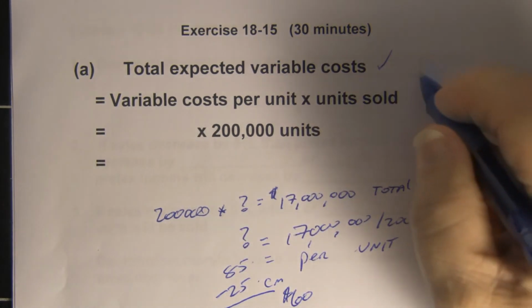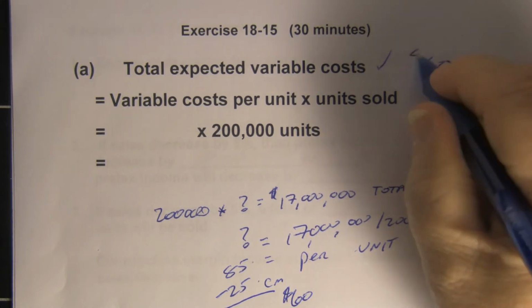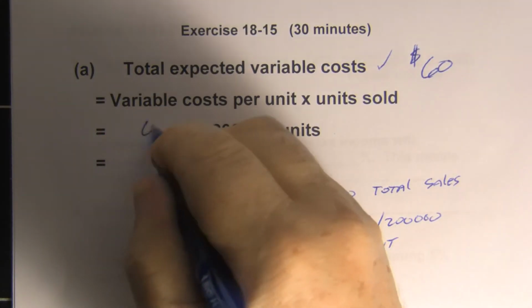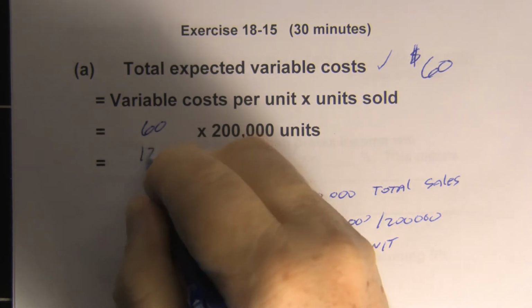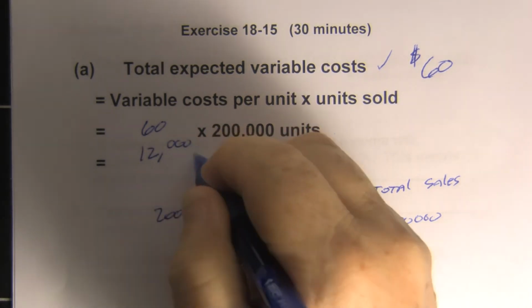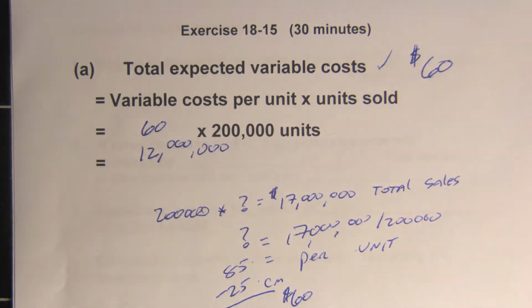So our variable cost per unit, $60. Plug that in. We come up with 12 million. That's the first part.